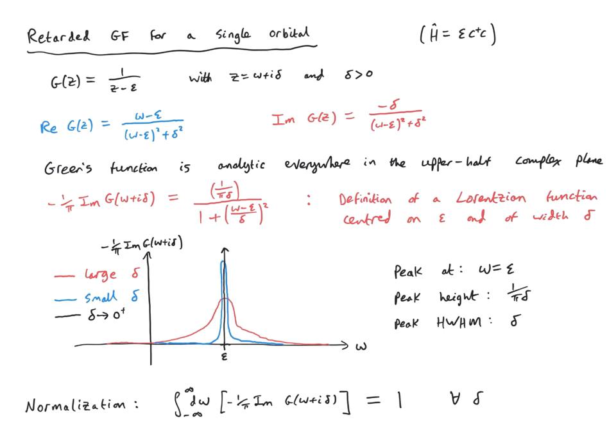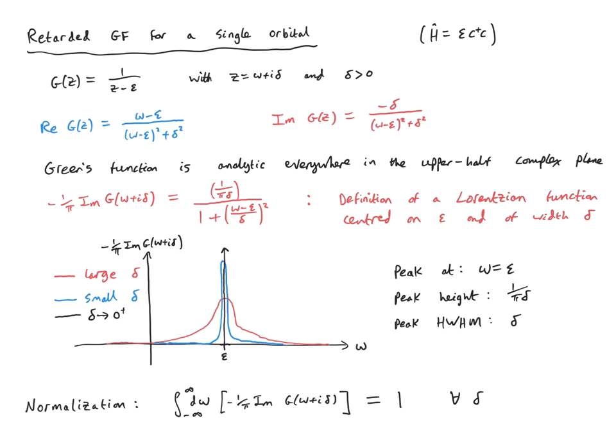We can see that because the normalization of the Lorentzian, which is the integral d omega from omega is minus infinity to plus infinity, of this object, minus 1 upon pi the imaginary part of g, is equal precisely to 1, and that's independent of the delta. This means that if I were to integrate this red curve here, I would find an area under that curve of 1. If I integrate the blue curve, I would find an area of 1.